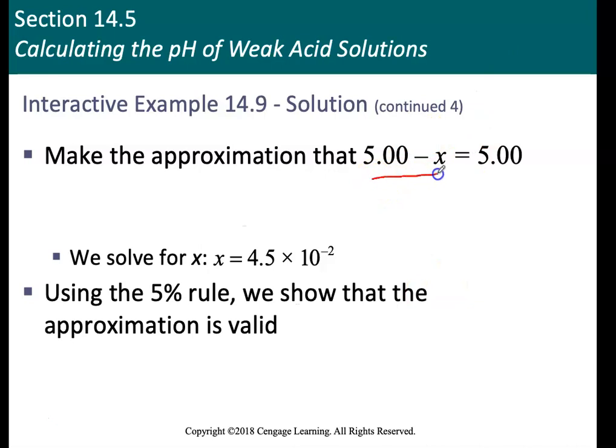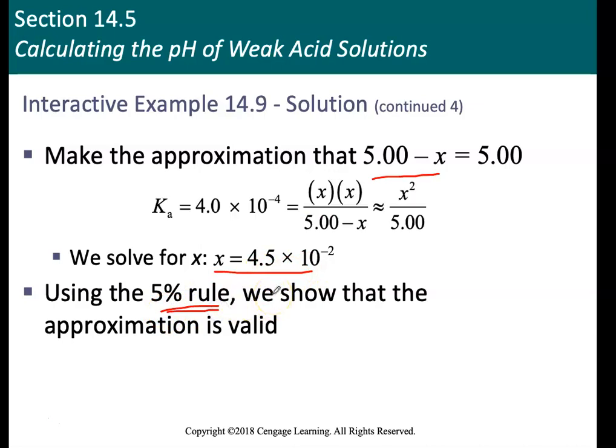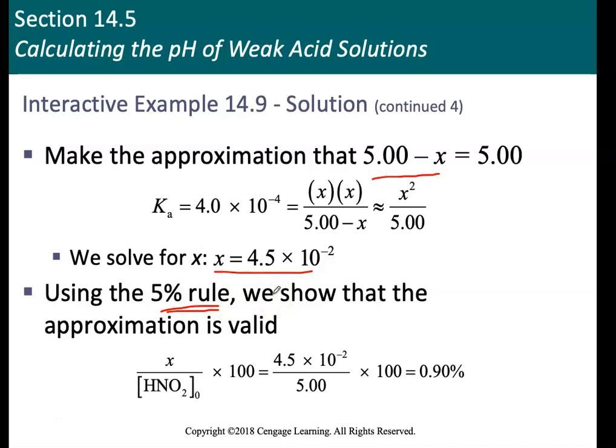When we solve, we use the approximation again to simplify this, and then solve it, and this will be the value of x. Now when you find the value of x, validate it. In other words, always check with the 5% rule whether it is valid. So let's try that 5% rule. x over HNO2 times 100.